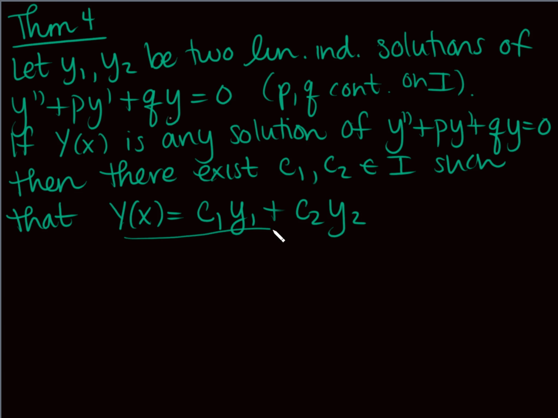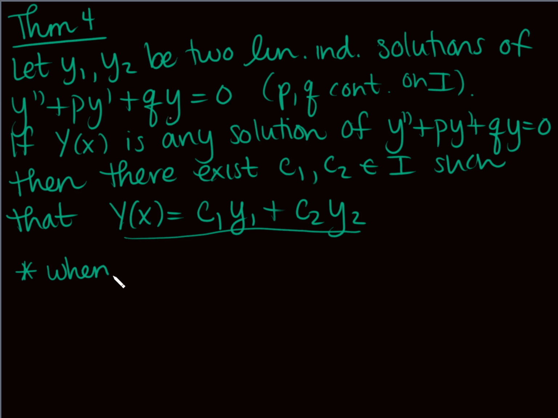So this is the big deal here. The biggest thing about this is if I can find two linearly independent solutions of my differential equation, then I've found everything. When we have found two linearly independent solutions, then we have found all of the solutions. Let's write that down really quick.